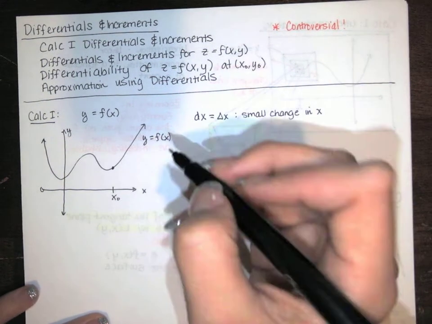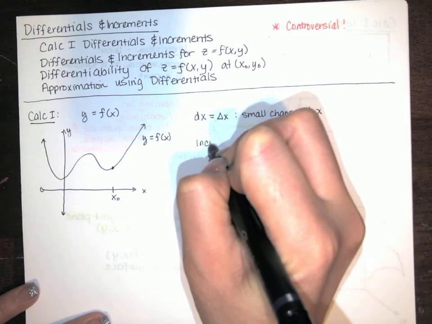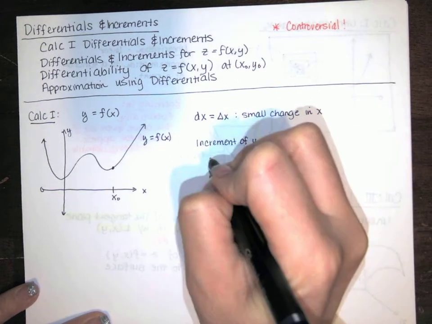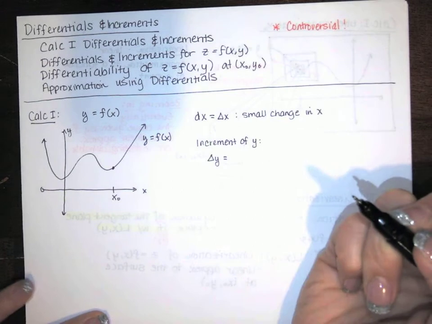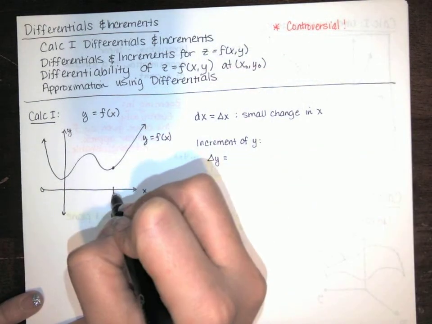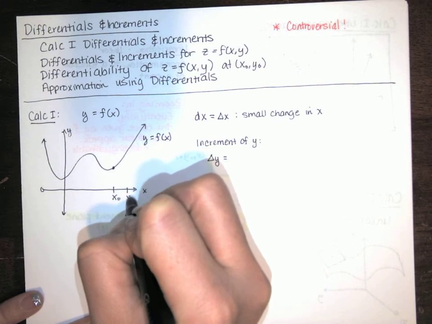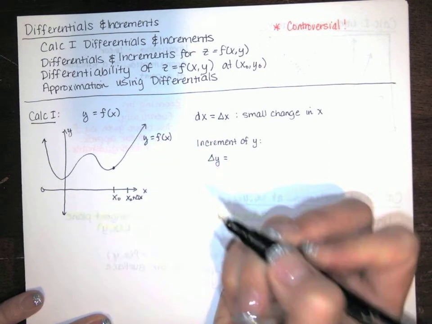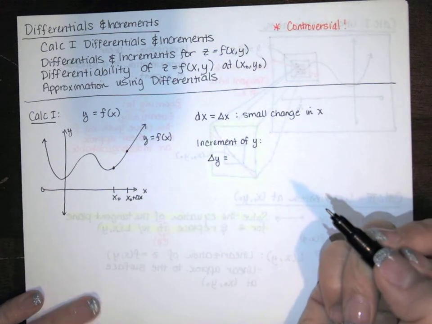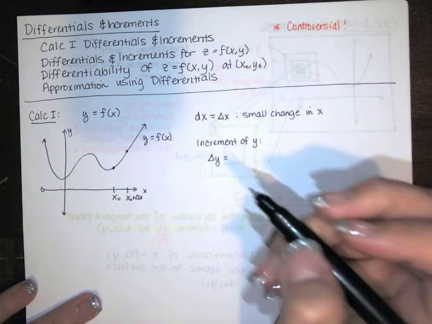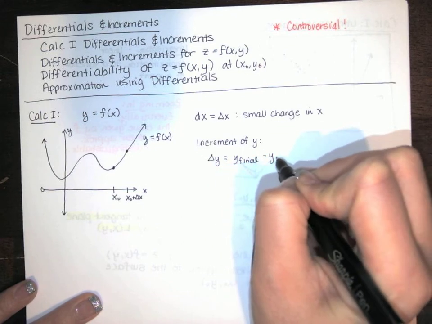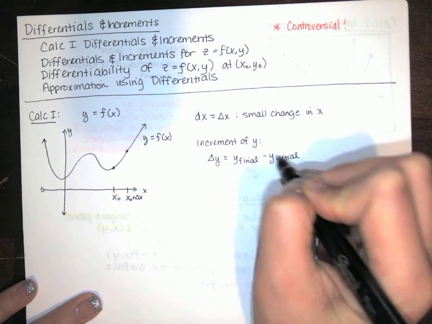Now, the increment of y is defined to be delta y. It's the actual change in y as x goes from x naught to x naught plus delta x. So you want to know, how much does y actually change as you go from here to here? Well, you just take the final y value and you subtract the initial y value. Now, we don't normally write it like that.